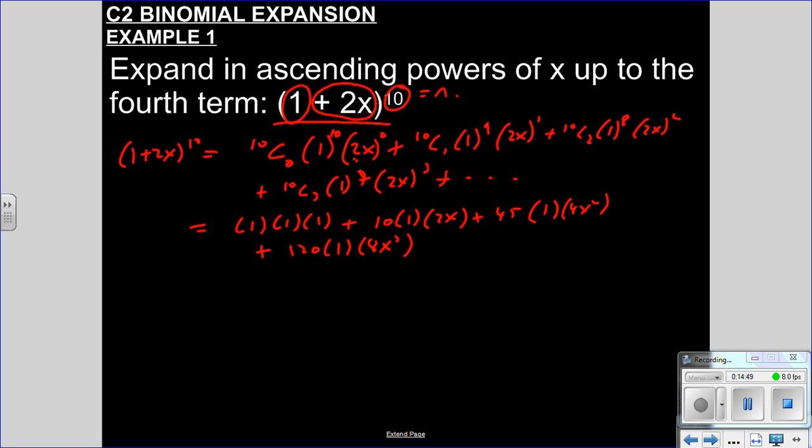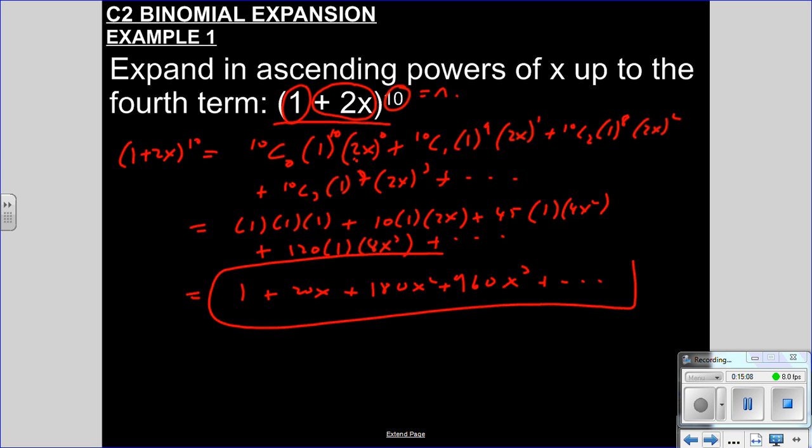Because it's all cubed. Plus dot dot dot. So your finished answer is 1 plus 20x plus 45 times 4, so 180x squared, plus 120 times 8, 960x cubed.